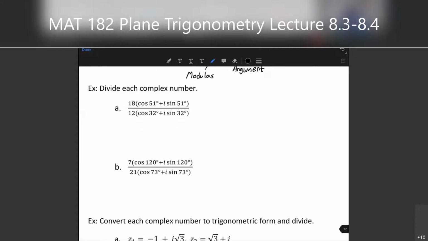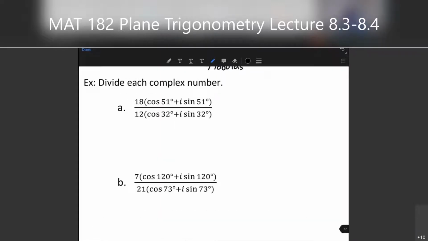So if I consider the first example, I have 18 as a modulus and 12 as a modulus. So do the division there. I do want to keep this kind of in terms of a fraction. So that is a 3-to-2 ratio. Anya, you got that. So we do have a 3-to-2 ratio on our modulus.